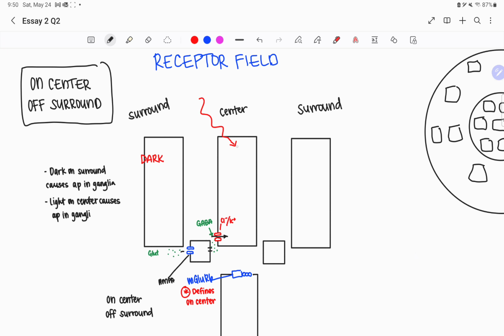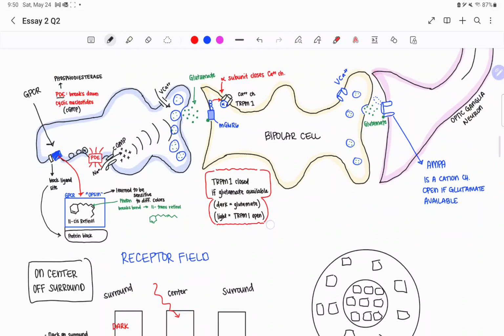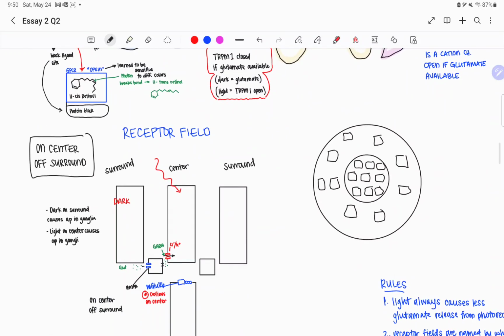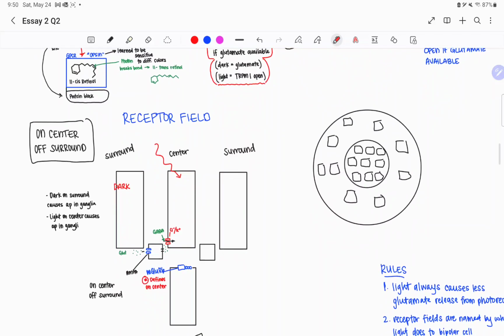then when light hits the center photoreceptor, it's going to be exactly what we saw up here. Okay? It's going to change the 11-cis retinol into 11-trans retinol. That's going to activate the alpha subunit. The alpha subunit will activate PDE. PDE will break down cGMP. cGMP will not act, because it will close the sodium channel.